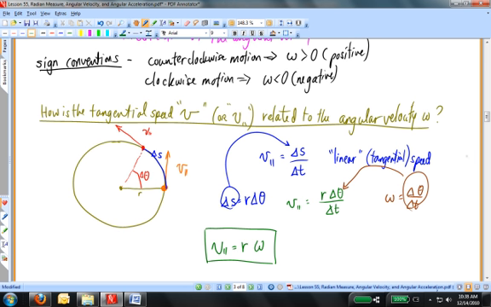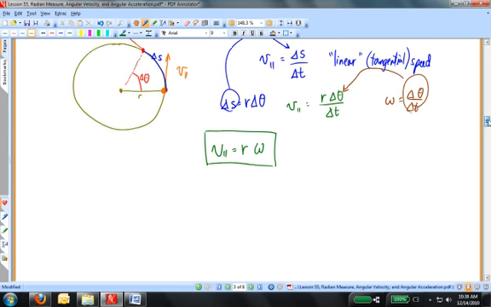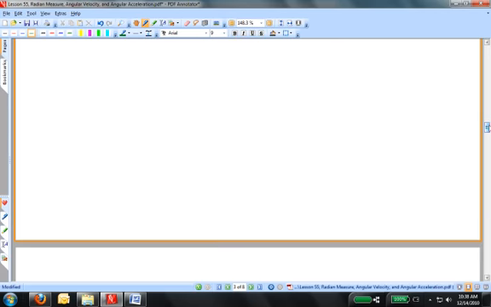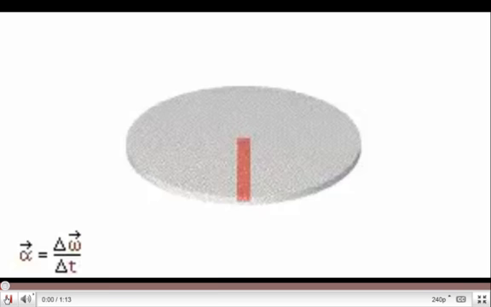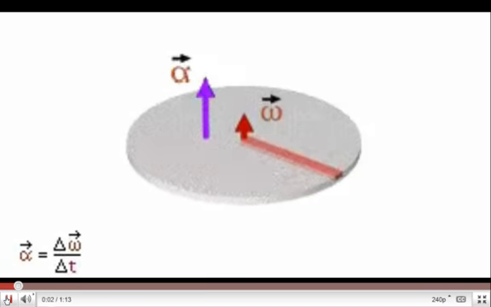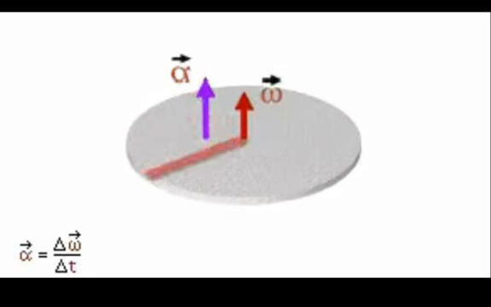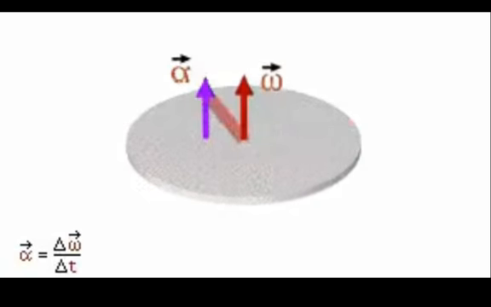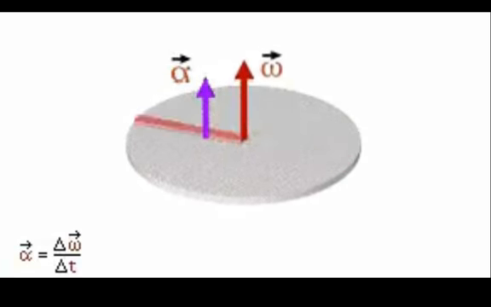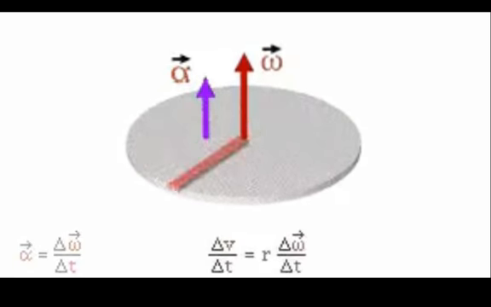In a similar way, we can talk about angular acceleration. And there's another animation to show. A point undergoes an angular acceleration, alpha, when its angular velocity changes in time. Angular acceleration is a vector. Its magnitude is proportional to the rate at which the angular velocity is changing.